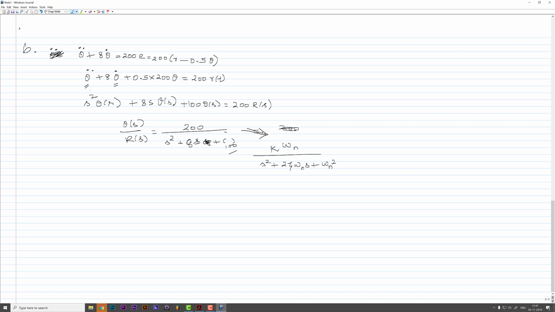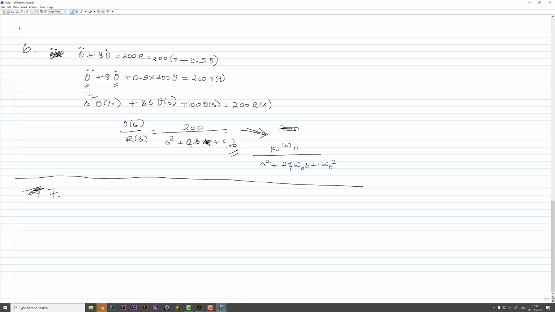Omega n square is equal to 100, and 2 zeta omega n is equal to 8, and so on. You get the values. And of course, see whether the value of zeta is greater than 1 or less than 1. Depending upon that, you can decide what kind of system it is, whether it is underdamped, overdamped, or critically damped.